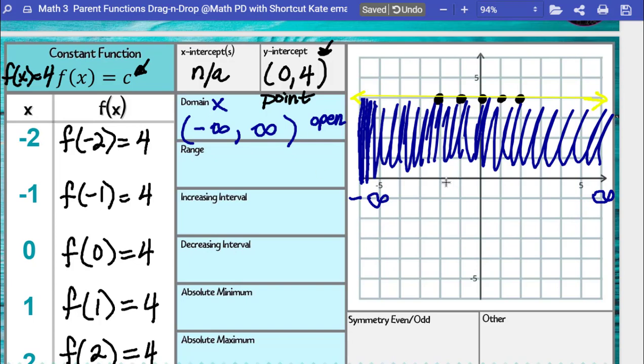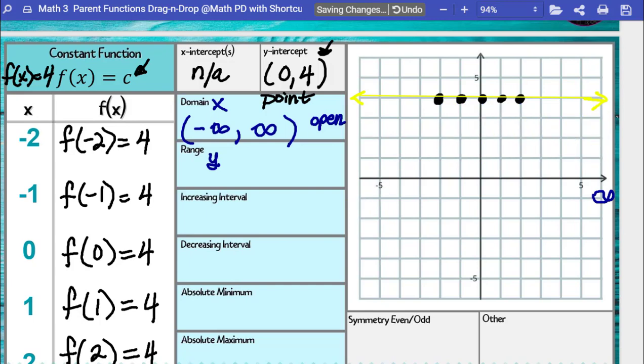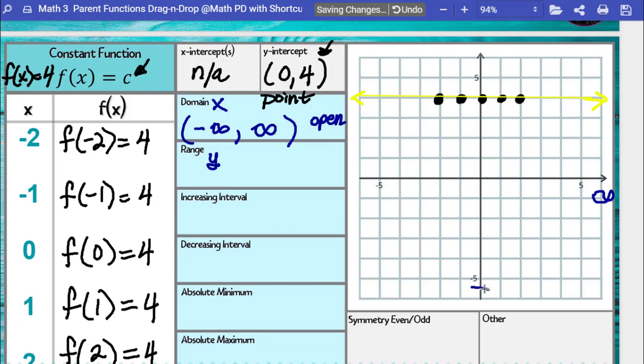The range are the y values. If you look at this graph, the y values are up and down, so it's vertical. I'm going to use that same method where I take a line across the y-axis.